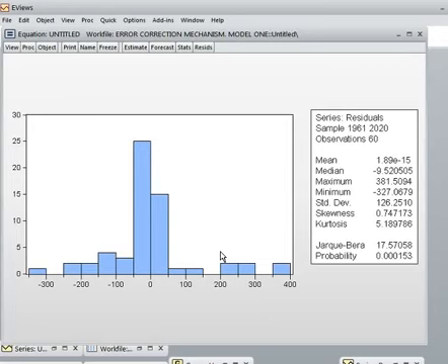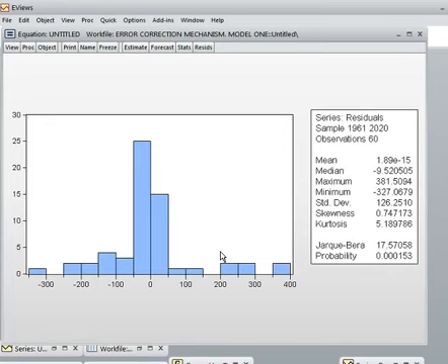So here we have two problems. One problem, the error correction model is suffering from serial correlation, and the second problem is that the residual is not normally distributed, which is not desirable. So these are the bad sides of our error correction model.